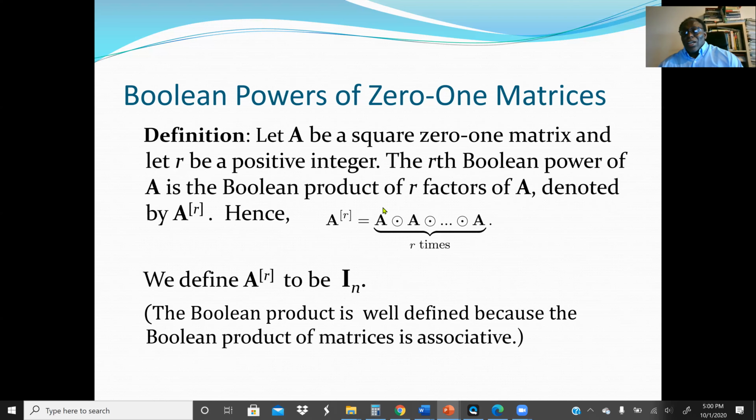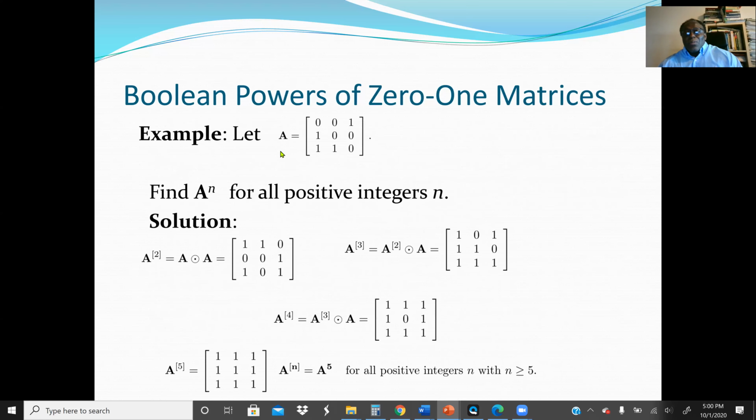And remember we said that if R is 0, A raised to the power 0 should give us the identity matrix. So let's see the example here. We have a matrix A. We want to find A raised to the power n for all possible positive integers n.